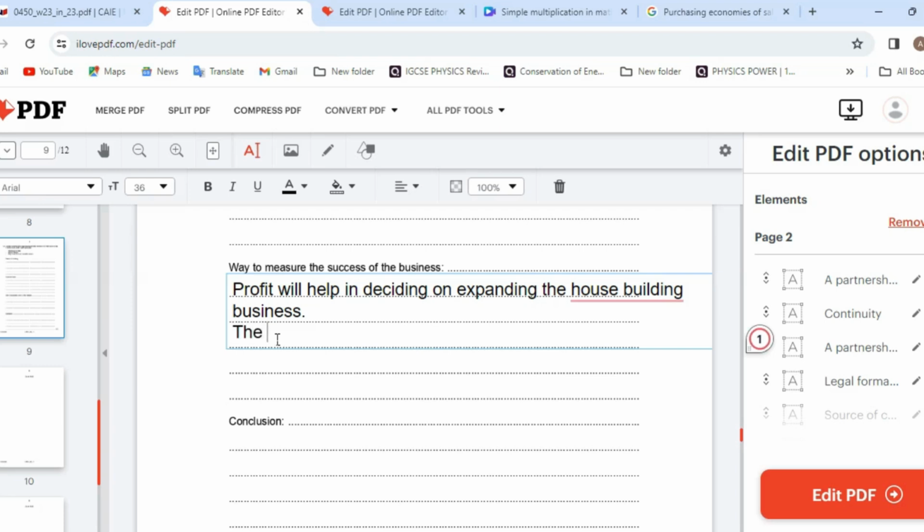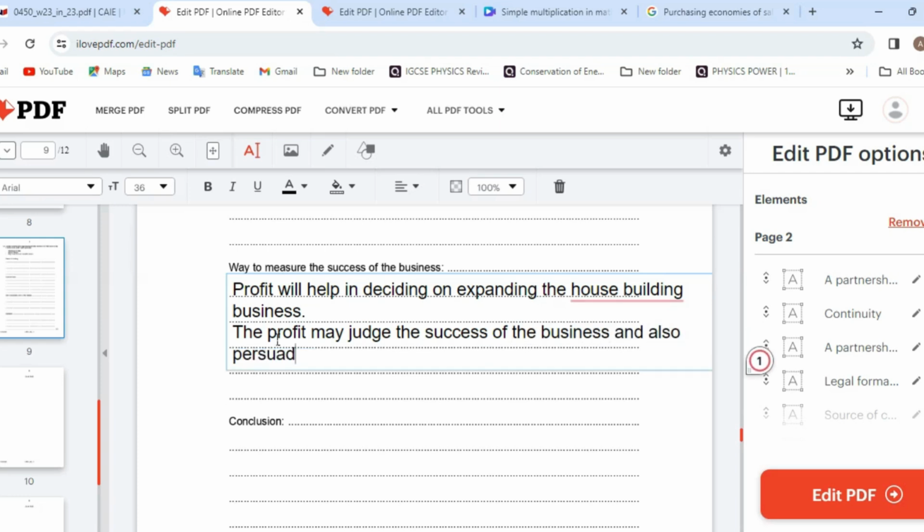Also, the profit may judge the success of the business and also persuade BB to award a pay rise if there is a large profit. You can see it is also a way to measure the success of the business.